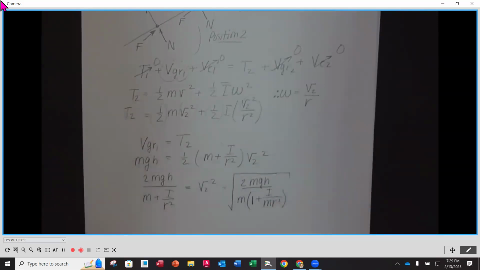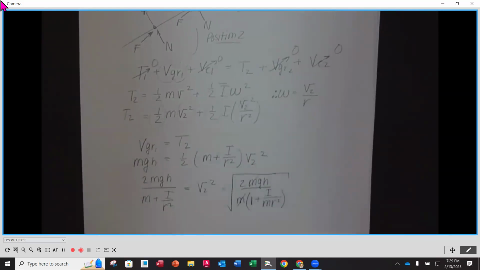You guys remember that from algebra? Now I can take these two m's and they cancel out, but this one stays down here. So I can say that V2 is equal to the square root of 2gh divided by 1 plus the moment of inertia over mr squared.